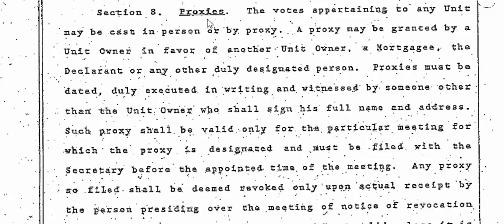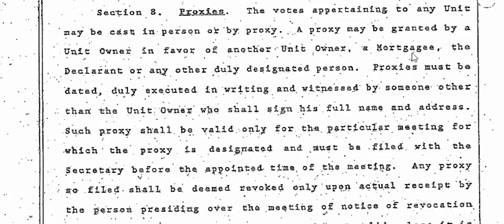But as far as our own documents, it clearly states what a proxy is and who you can assign that proxy to. Now, there are a lot of HOA documents, bylaws, that do not have one particular phrase in there, but ours does. Okay. And it says right here, a proxy may be granted by a unit owner in favor of another unit owner, a mortgagee, which is simply someone that holds the mortgage on your property.